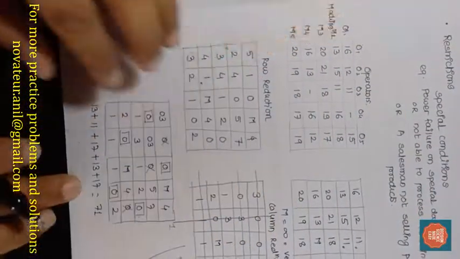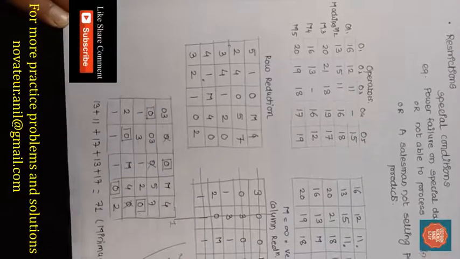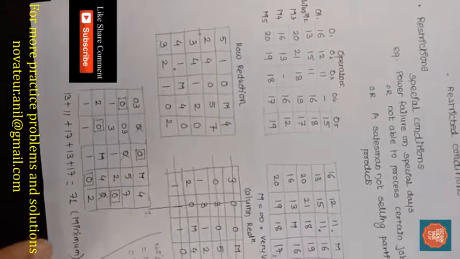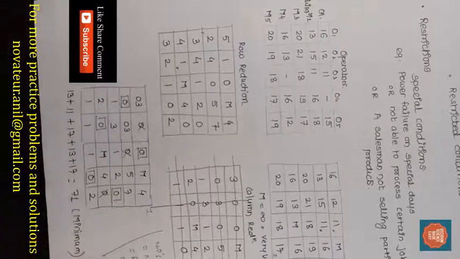Then this assigned one is nothing but 11. Likewise I will check. So now the total minimum time required when the restriction condition is given, that is, operator 4 cannot operate machine 1 and operator 3 cannot operate machine 4, the total minimum time required to complete the particular job is 71 minutes.